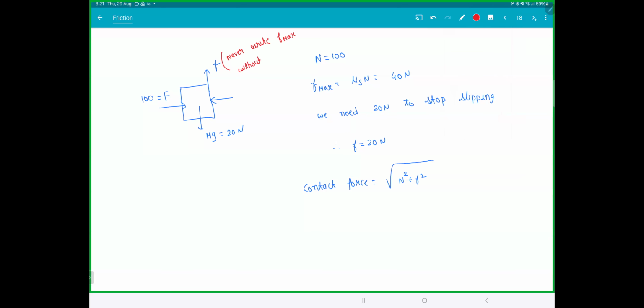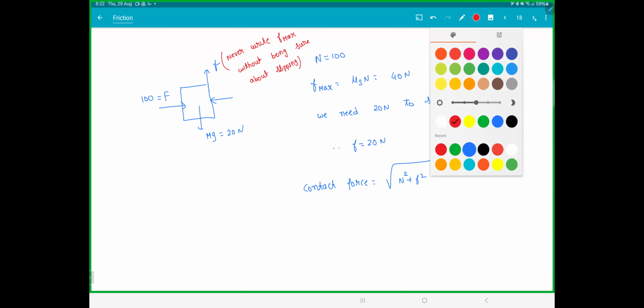If you want to write f max there, you have to be 100% sure the block is slipping. You can write f max only when it slips. If you say, sir, I don't know whether it is slipping or not, then don't write it. Just write f.